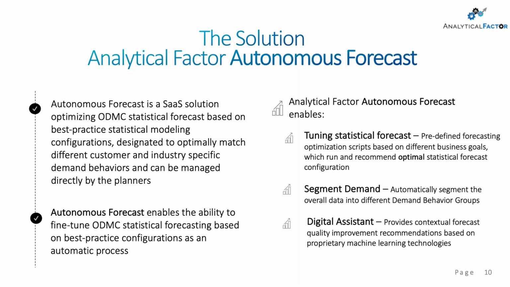From my perspective, if our autonomous forecast is a cake, the digital assistant is the icing. It's blending everything together, because the digital assistant will give you the guideline: what you need to do, what matters, where you have challenges and errors, how often you need to run your segmentation, and which optimization profiles you need to run and why.